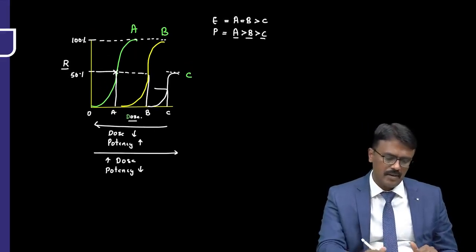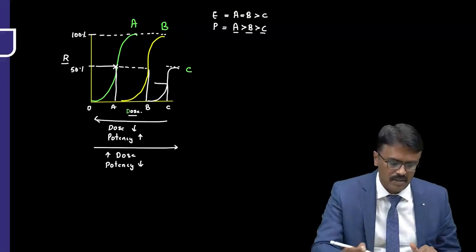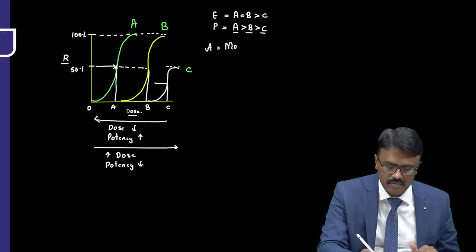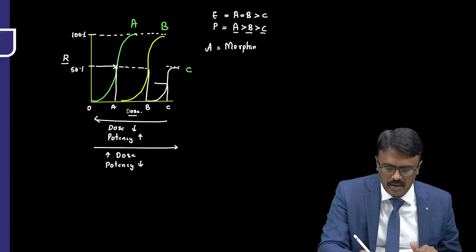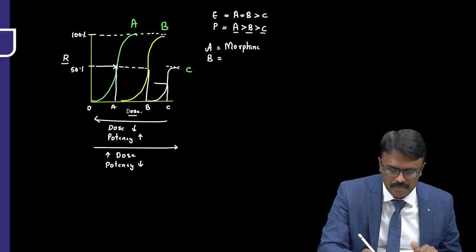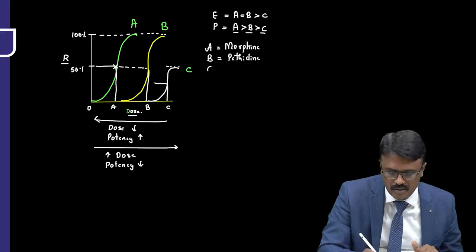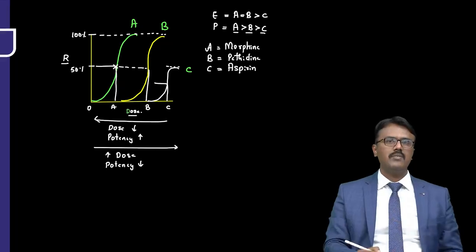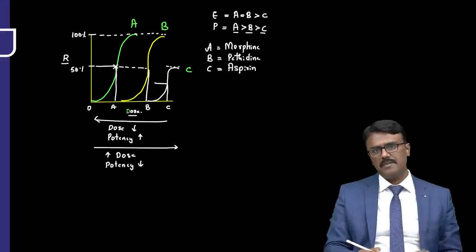Now the classical example is what we all understand. Let us understand A is nothing but the drug morphine. B is pethidine. And C is a drug called aspirin. Now a patient has come to the clinic with cancer pain.